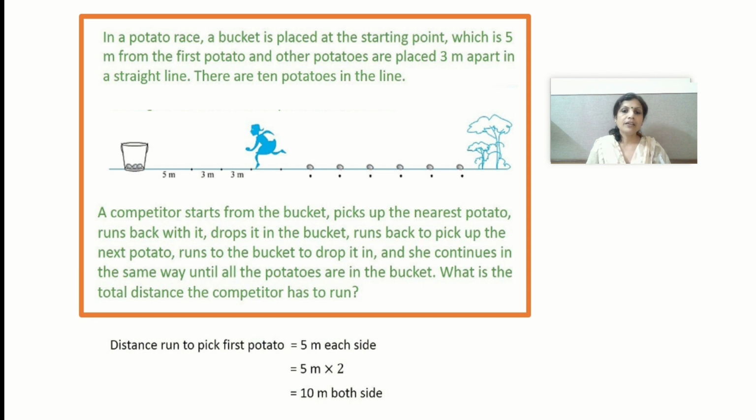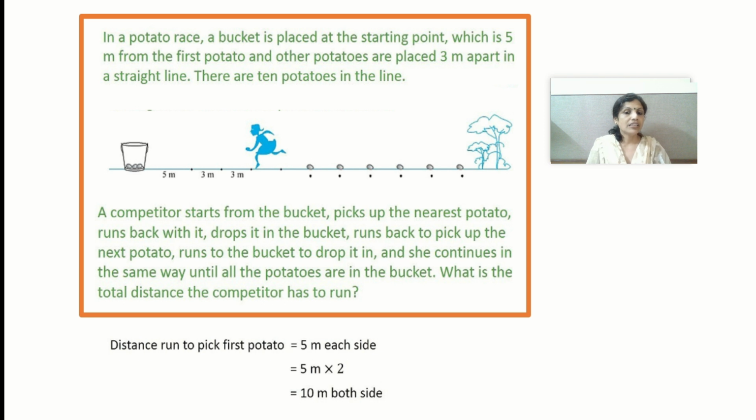A competitor starts at the bucket, picks up the nearest potato, runs back with it, drops it in the bucket, runs back to pick up the next potato, runs to the bucket to drop it in, and she continues in the same way until all the potatoes are in the bucket. What is the total distance the competitor has to run?